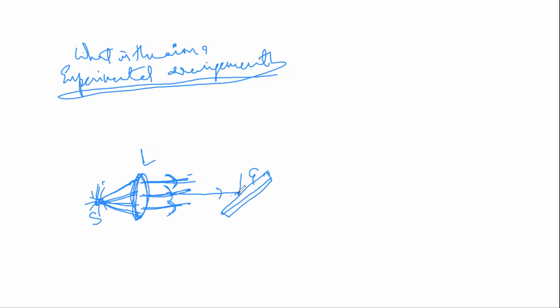Because it is a semi-silvered glass plate, one part of the beam gets reflected and the other part gets transmitted or refracted. Here we have a mirror, at position A. This mirror is M1, and now there is a mirror here.